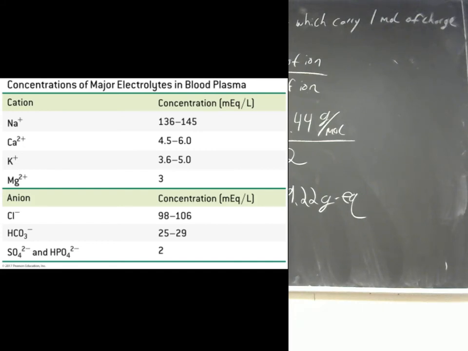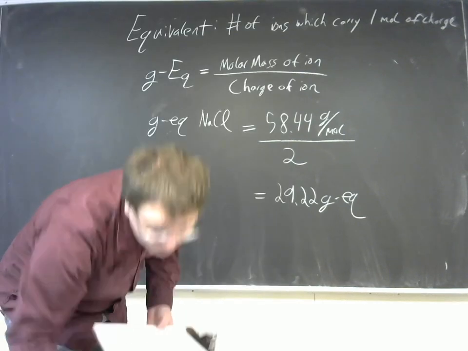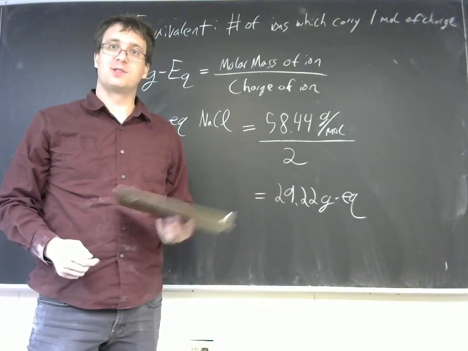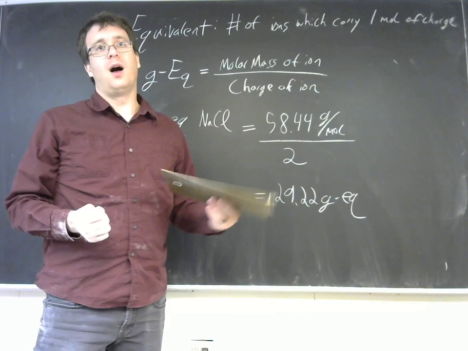So if you wanted to create an isotonic solution that had similar concentrations, then for example with about 100 milliequivalents per liter, and with the gram equivalent of sodium chloride of 29.22 grams per equivalent, let me get rid of the figure viewer, there we are, then I guess you'd want about 2.9 grams of sodium chloride in 1 liter of isotonic solution.